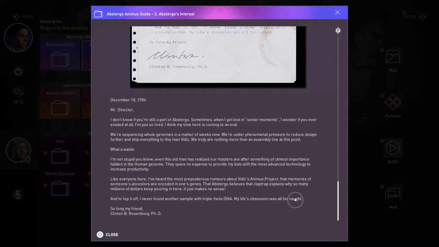But what if he just couldn't find another person? We only know of a couple people that operated in Animus. There was Desmond, who did 1 through 3, correct? If I'm not mistaken, he did 1 through 3.